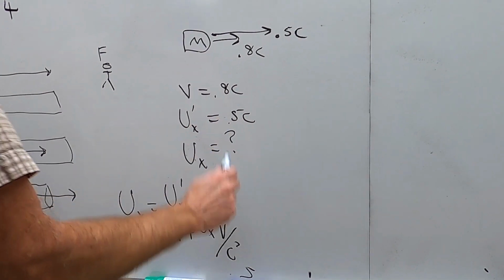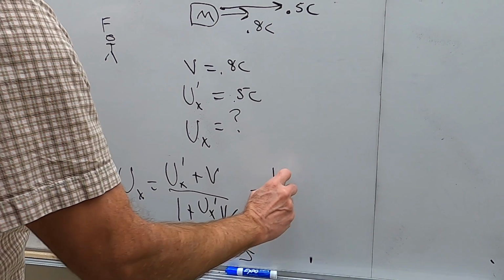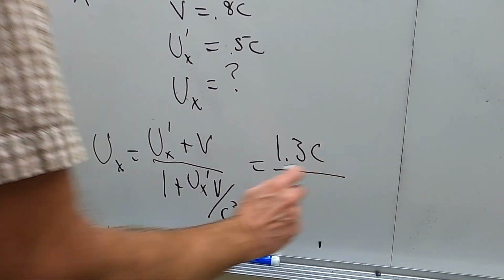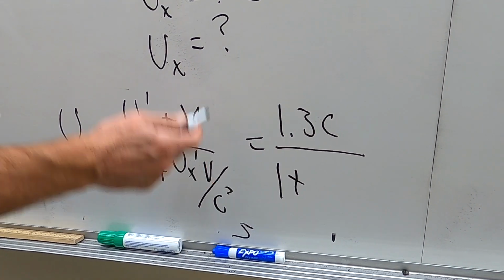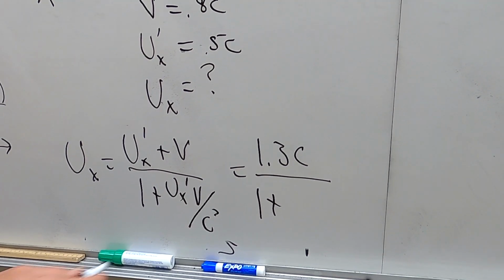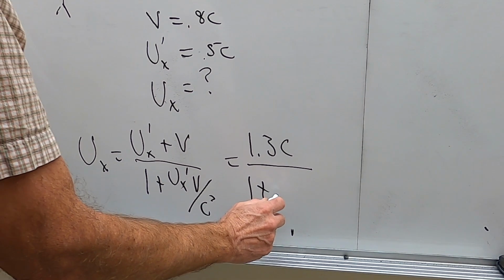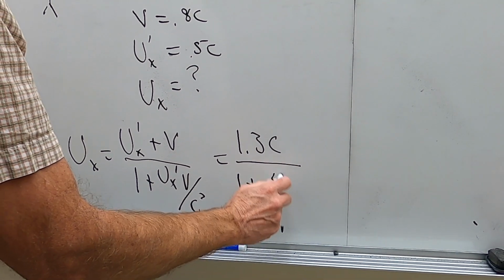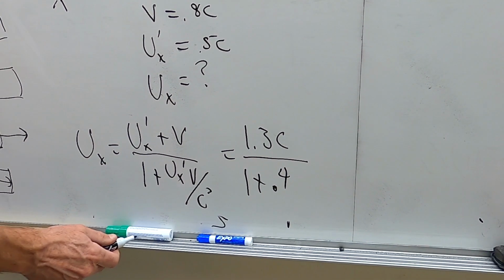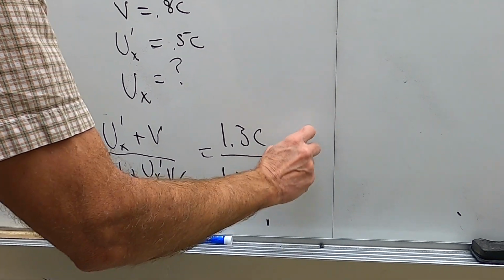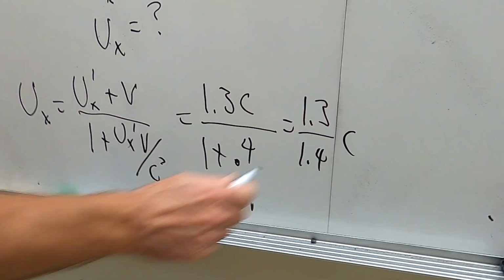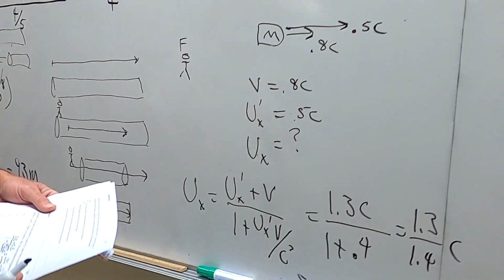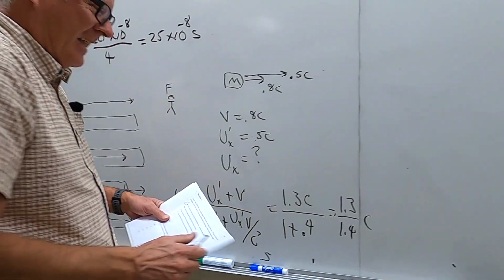Add these up, that's 1.3c, all over 1 plus the product of these, that's 0.4 c squared over c squared. So that's 1.3 over 1.4c, which is 0.93c.